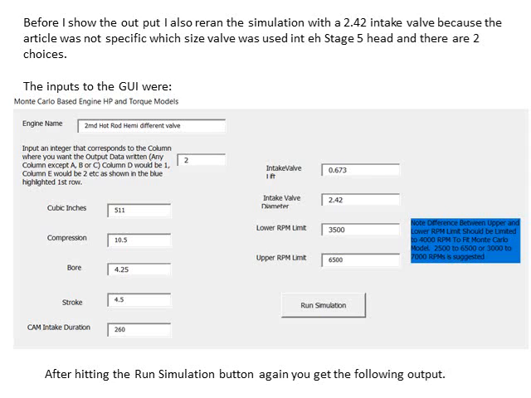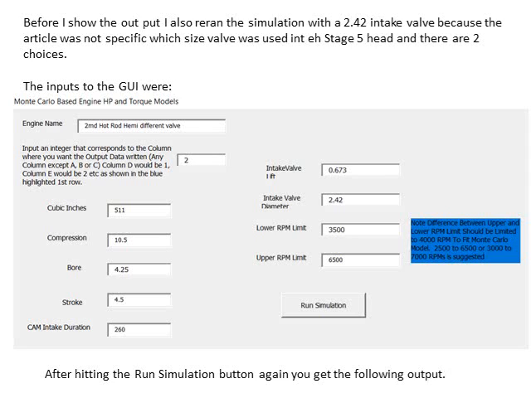So I repopulated the GUI. This time I included 2 for input an integer, so the output will now be in column designated with 2. All the inputs are the same except the intake valve diameter is now 2.42.